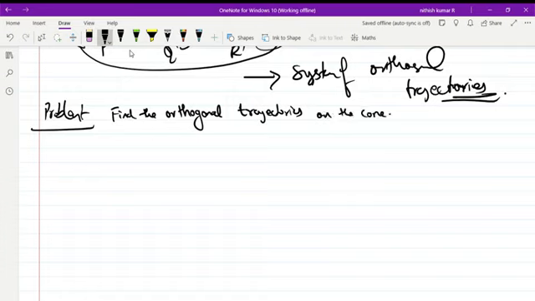Here the cone is given as x square plus y square equal to z square tan square alpha, where alpha is some fixed quantity.